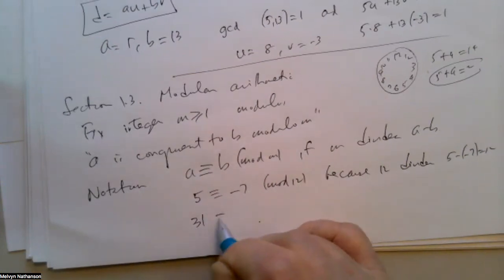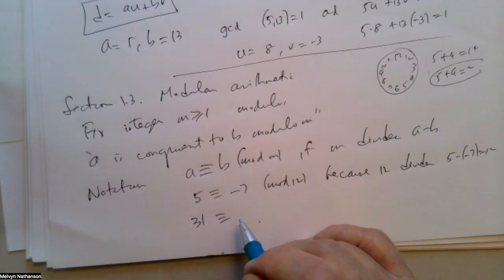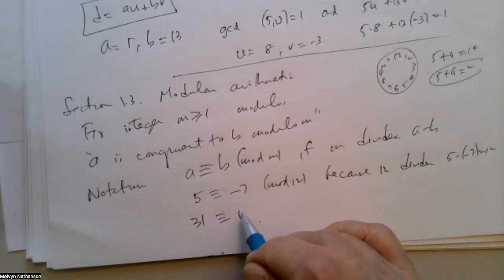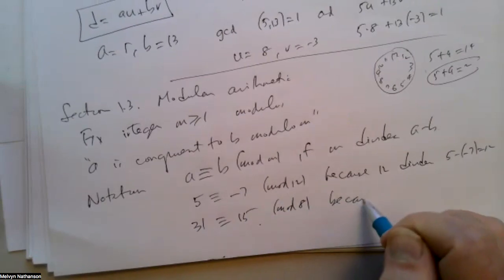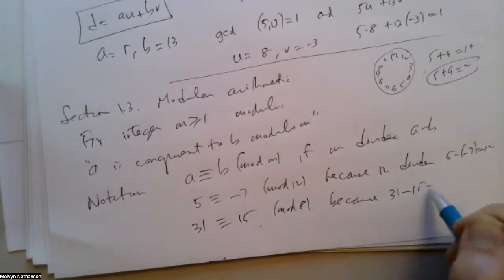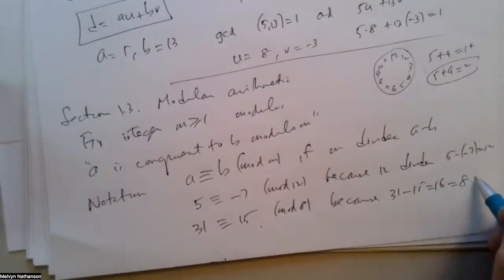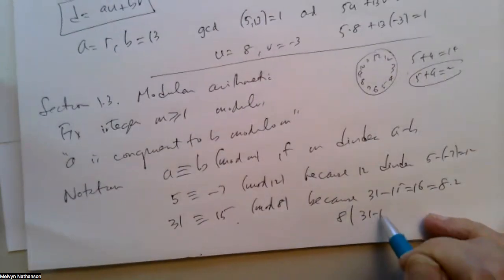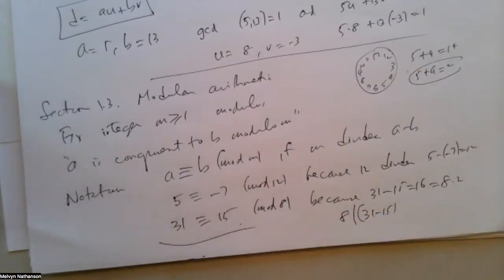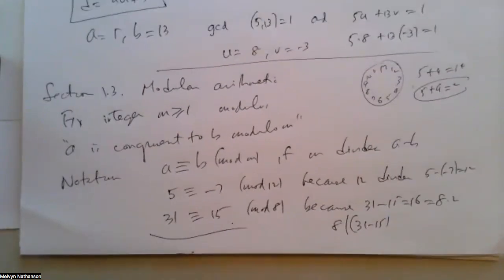Or 31 is congruent to, I don't know, 15 mod 8, because 31 minus 15 is 16, which is 8 times 2. So 8 divides 31 minus 15, right? Any questions about this? This is the fundamental definition in modular arithmetic.